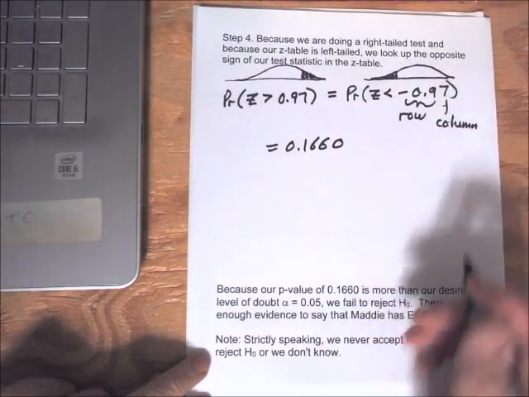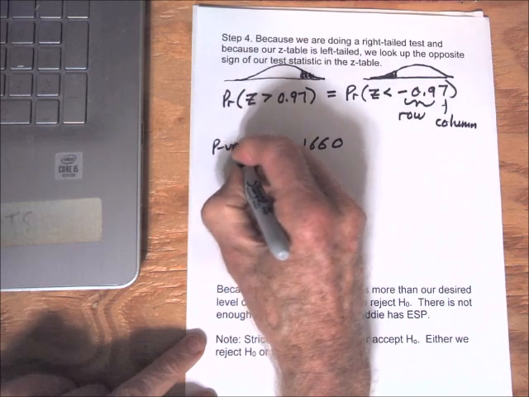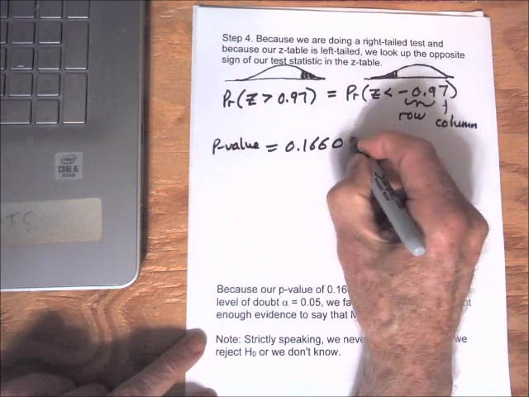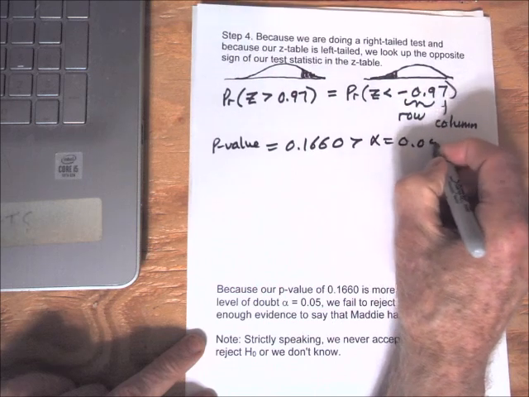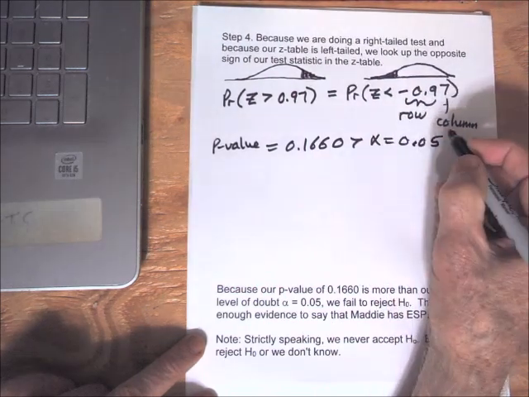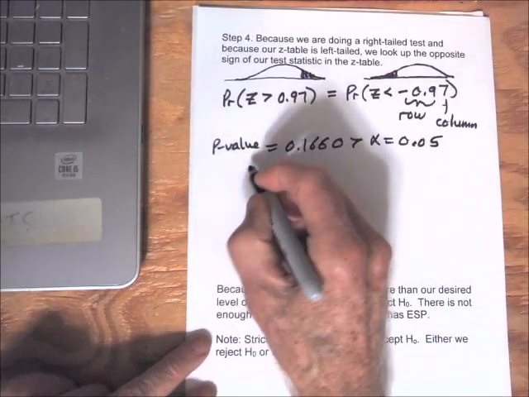So our p-value is greater than alpha, which is 0.05. We'll usually use 0.05 for our cutoff point. So that means we fail to reject H naught.